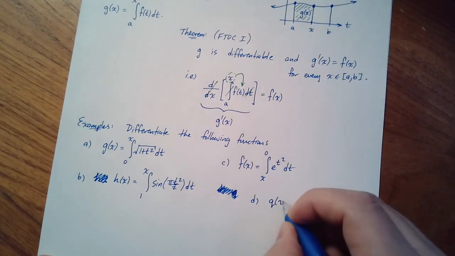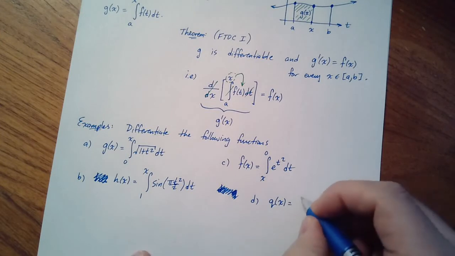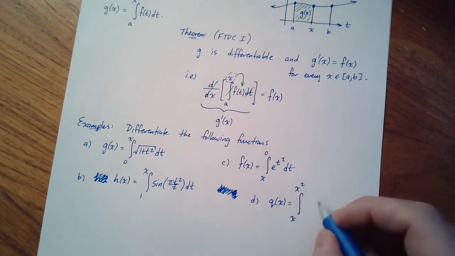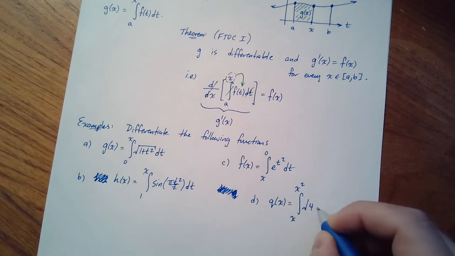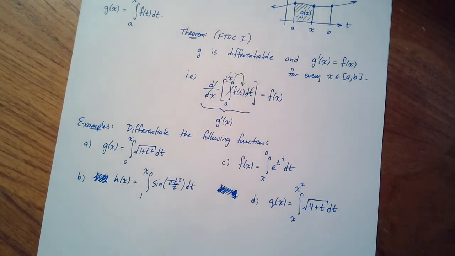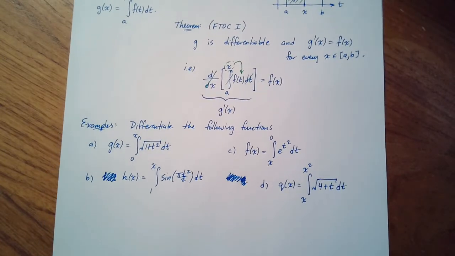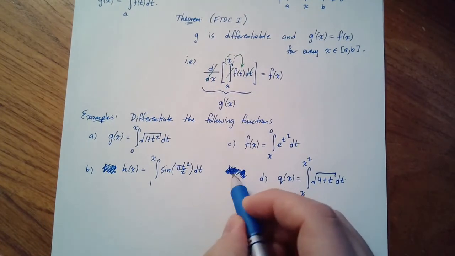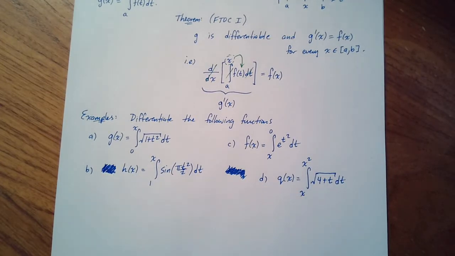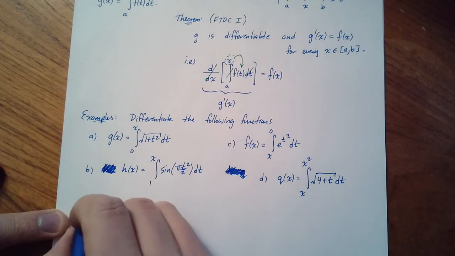Q of x is equal to the definite integral from x to x squared of the square root of 4 plus t dt. So those are the four functions we're going to differentiate. Pardon me here with the scribbles. Hope that isn't distracting. But let's work these out.